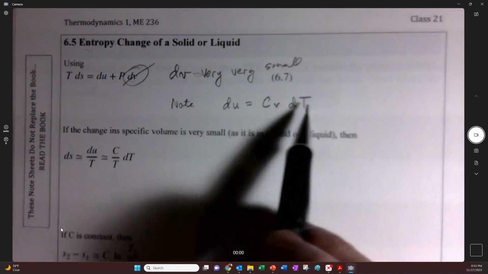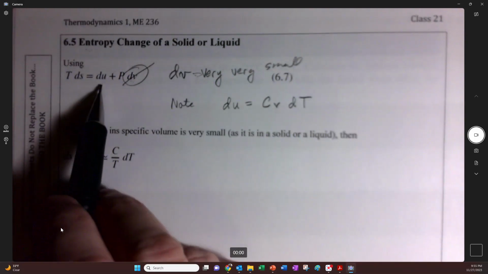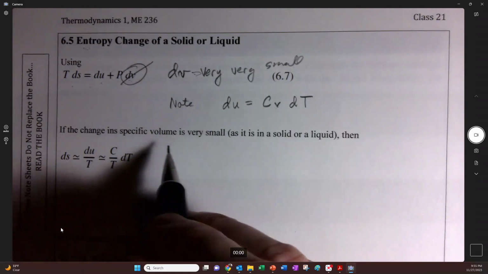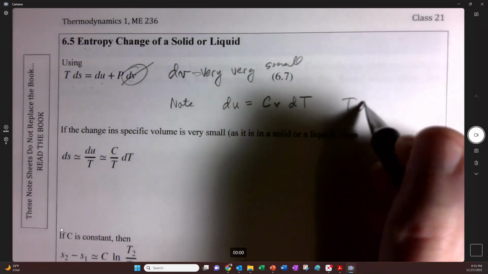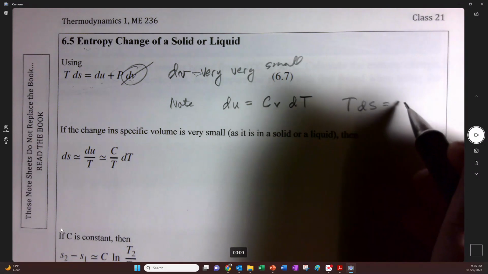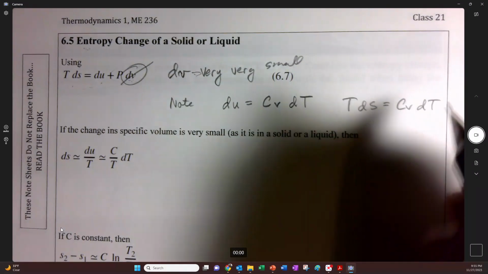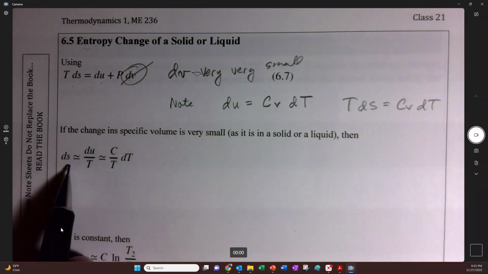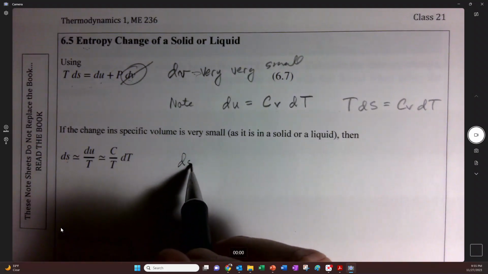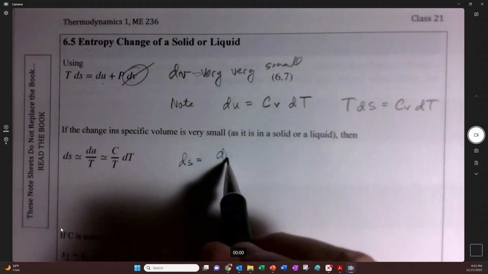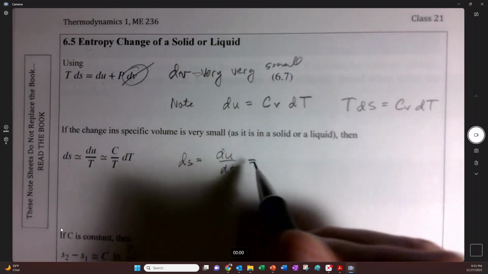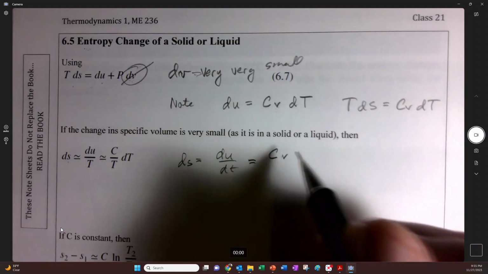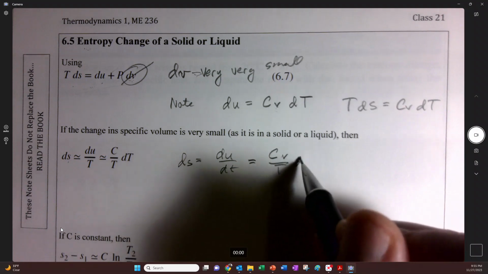So what we can essentially now do here is rewrite it. We can say that T ds is equal to C dT, or as you see right here, ds is equal to C over T dT.